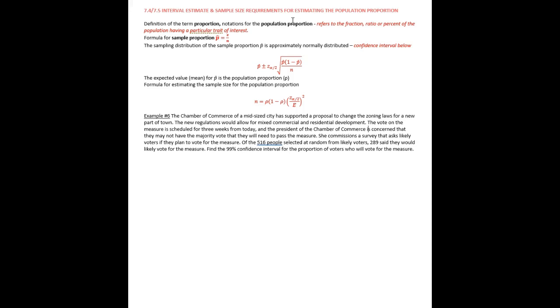Say you have 500 people that you're polling, and I think we're going to get into this very example in a little bit. Say them voting for a particular candidate is labeled as a success. Then the number of people that actually voted for that candidate is your x, and the number of people surveyed would be your n. Okay, so it's just your sample proportion. That's all.